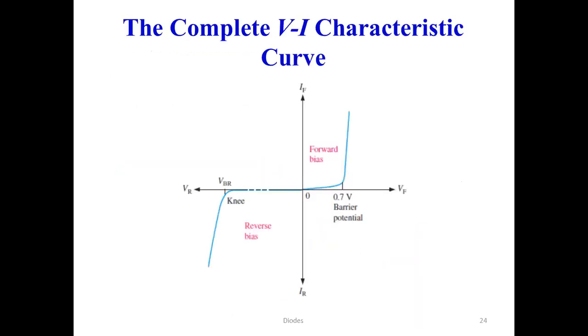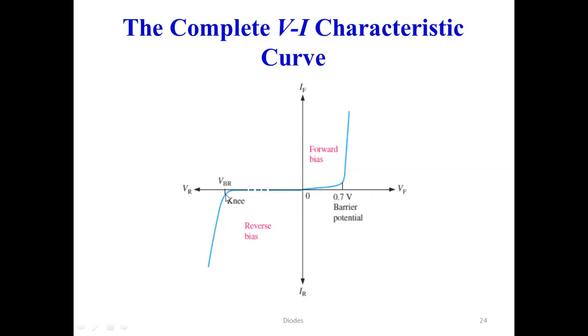This diagram shows the VI characteristics curve for a diode. This is the forward bias characteristics and this is the reverse bias characteristics. Now, if you see the reverse bias characteristics, even though you are increasing voltage from 0 to VBR, what is VBR?